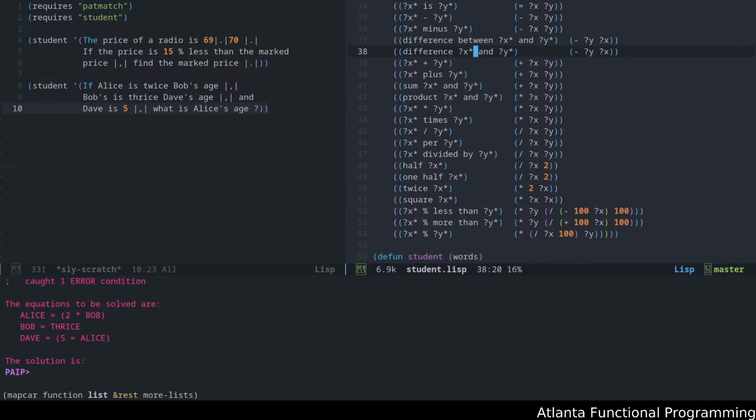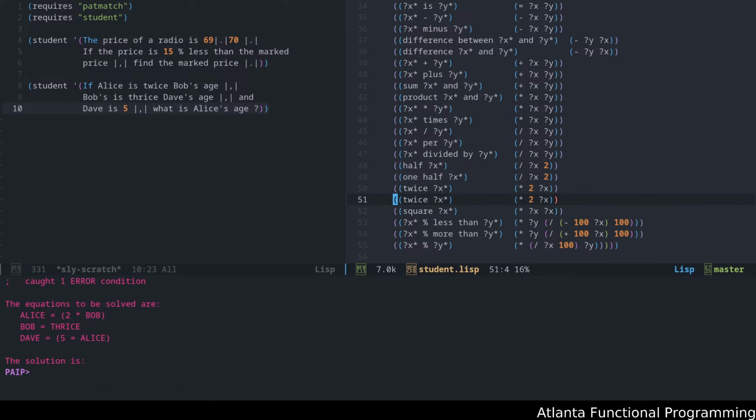Oh, my apologies. It looks like it deleted my extension that I wrote. No matter. Okay, we could add that. Load that up. Solve it.